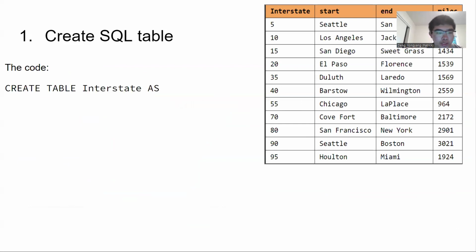The code is like this: the first line is create table interstate as. So we're saying we have to create something, that this is a table, and interstate is the name of the table. After as, you have to start putting your raw data into it.